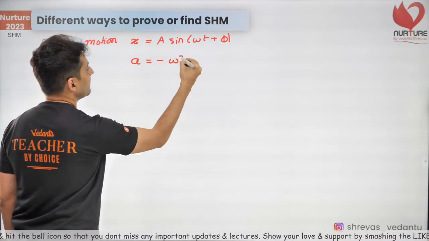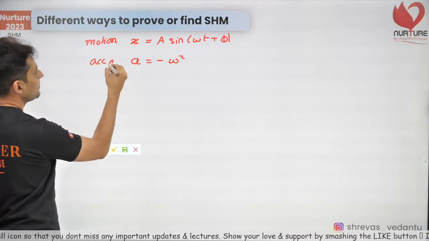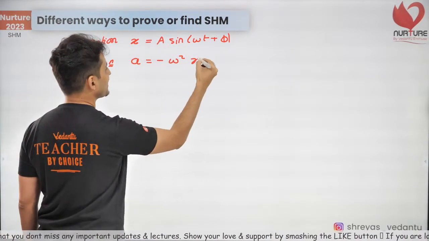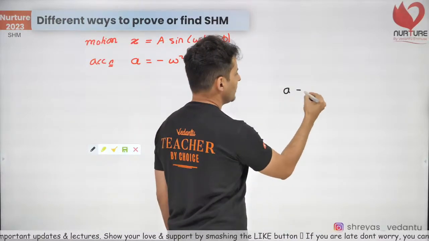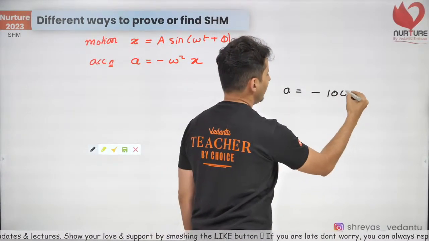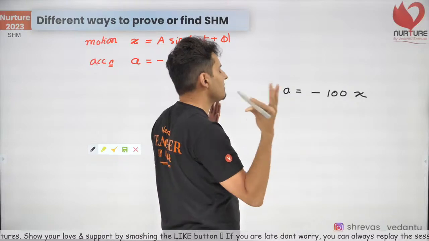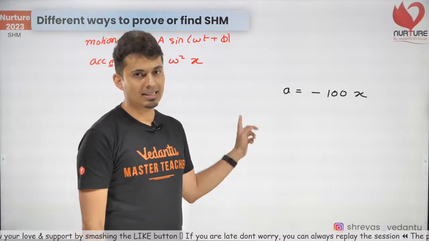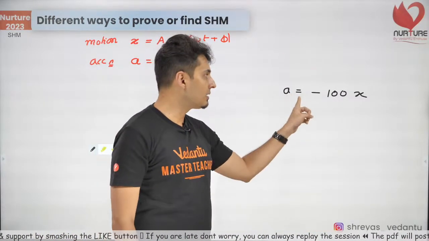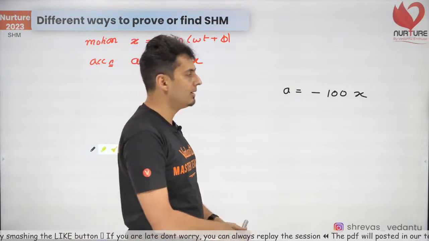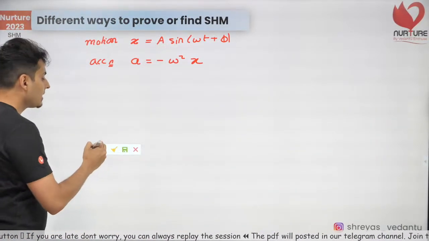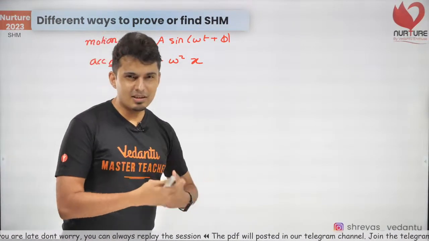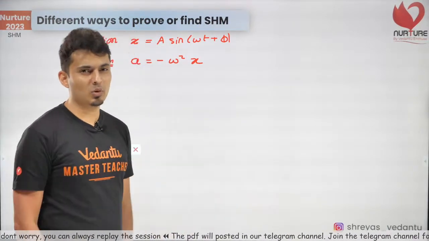Acceleration is minus omega square x. If somebody tells you acceleration of a particle is minus 100x, is this SHM? Yes, definitely, because acceleration is proportional to x and it is opposite to x. Even force can be proportional to x.